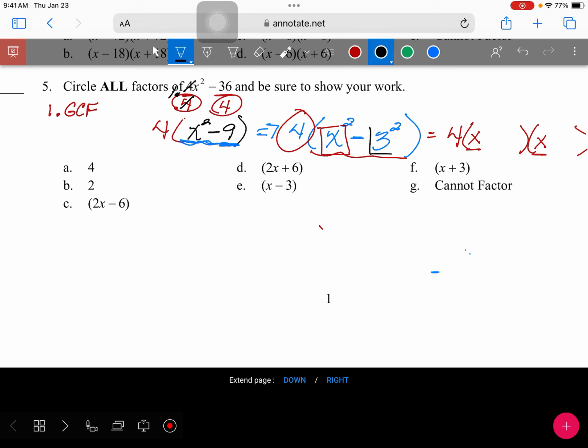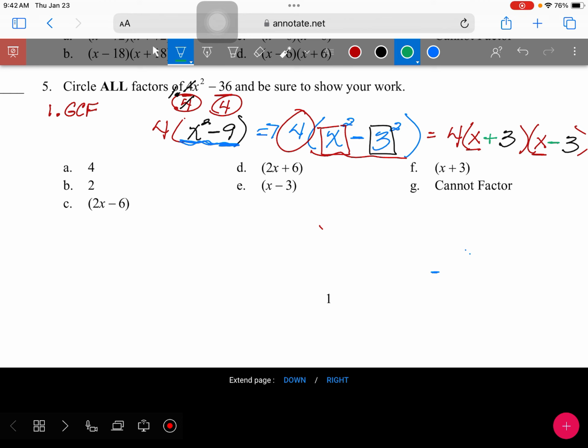Then the last term that is squared becomes the second term in those next 2 factors. One of them is going to have a plus sign. I usually put the plus sign with the first factor, and one is going to be a negative sign.